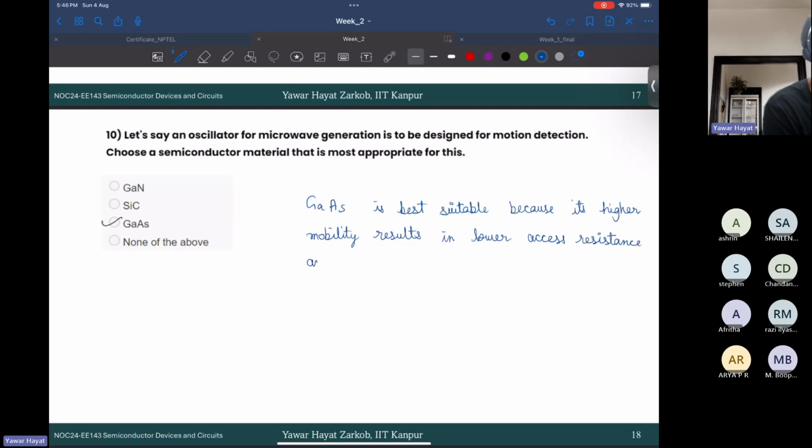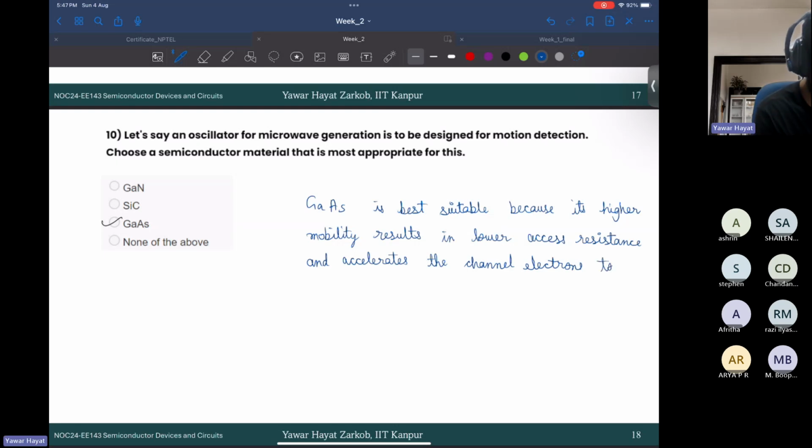and accelerates the channel electrons to their saturated velocity rapidly over a short distance.